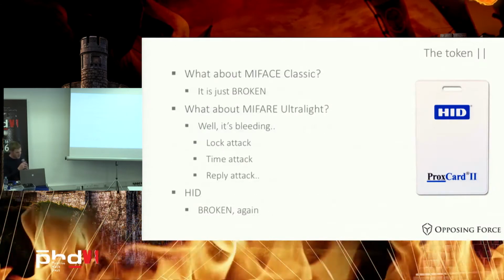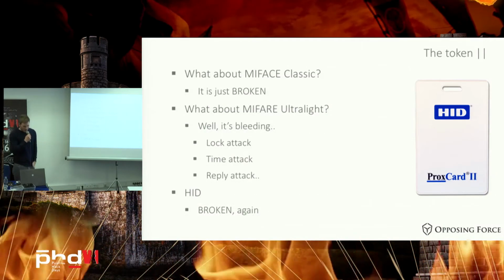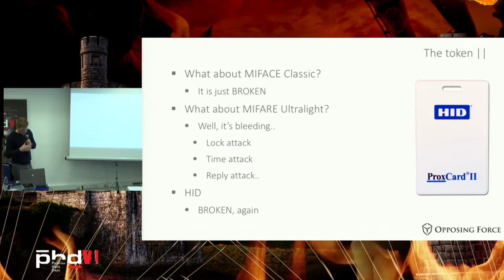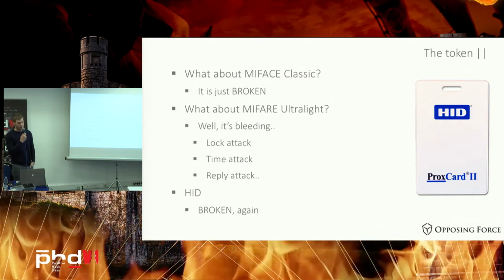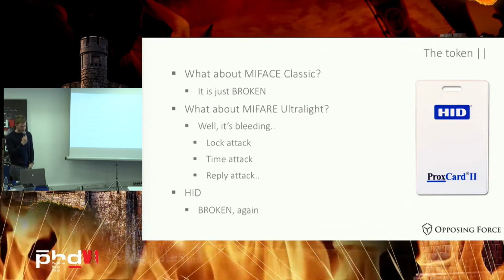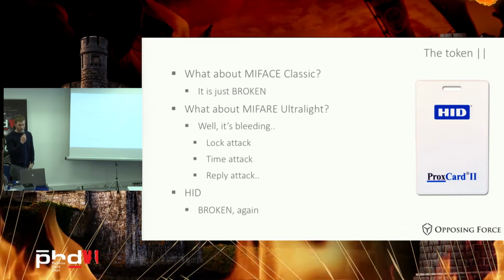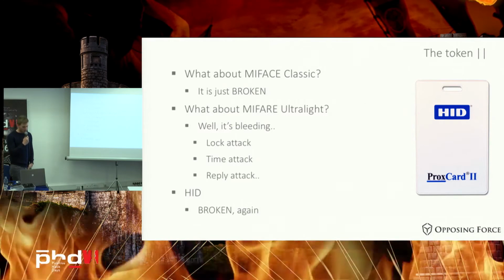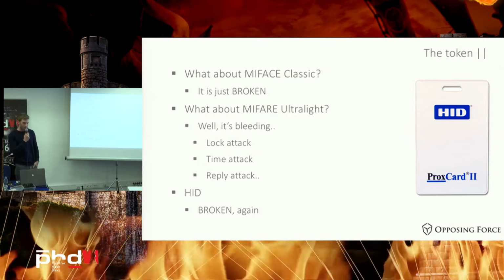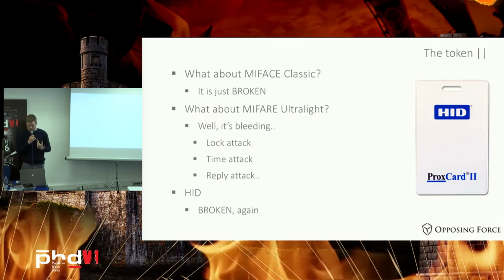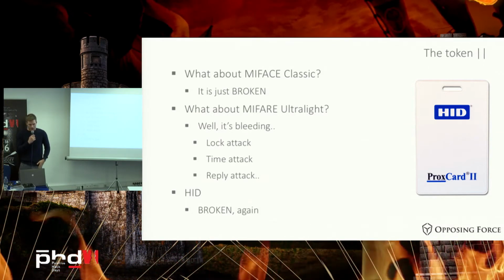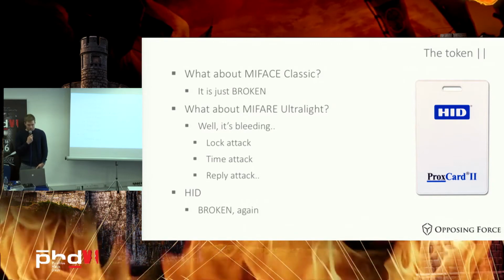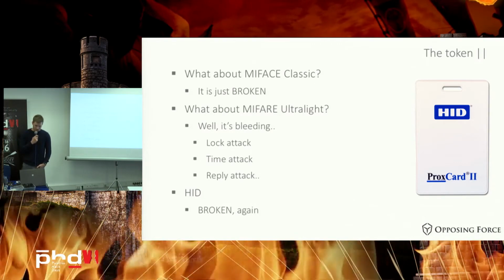Okay, let's go back to the token. We said that MIFARE Classic is broken. You can crack the keys. If you have one known key on the token, you can crack the others very quickly. If you don't have one key known, you can crack one key and then use the same process to break all the other keys. MIFARE Ultralight is not completely broken, but mostly.